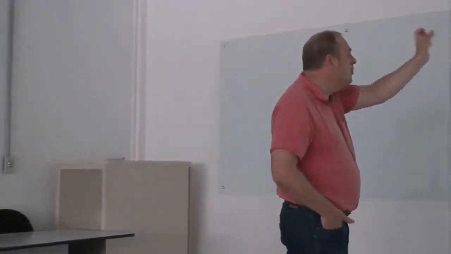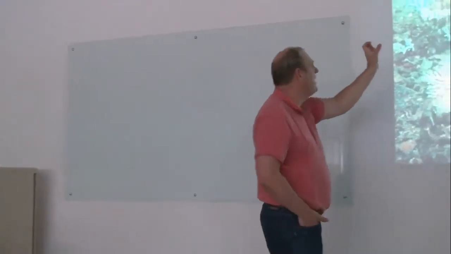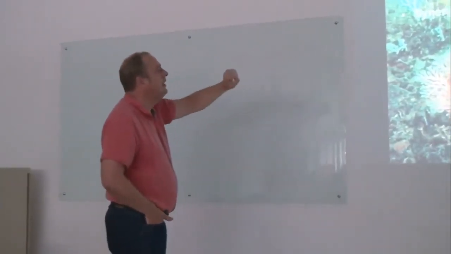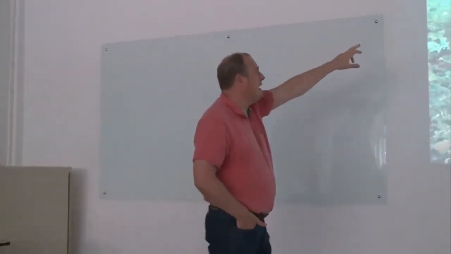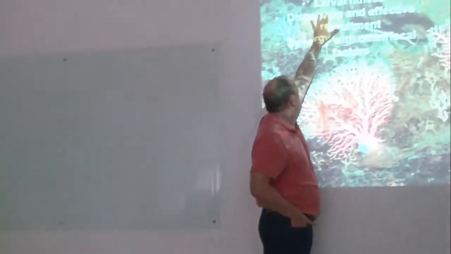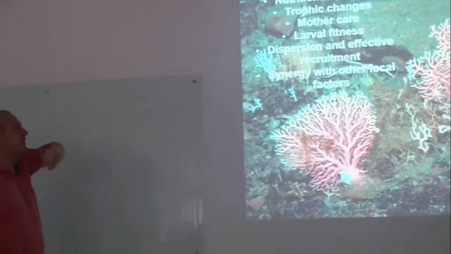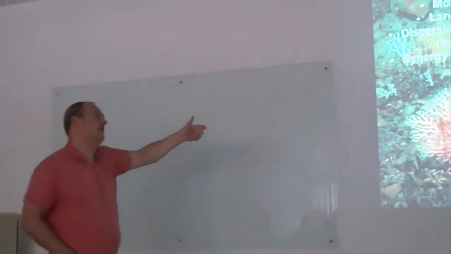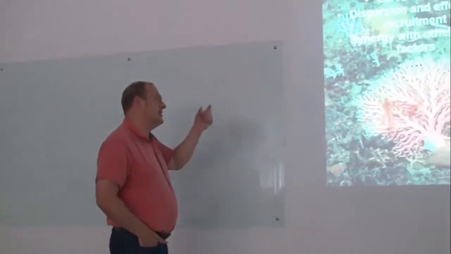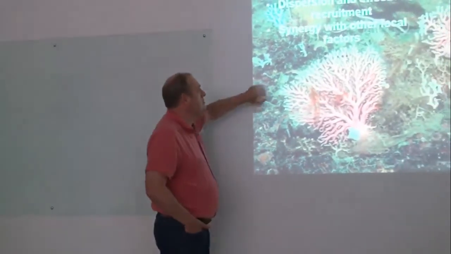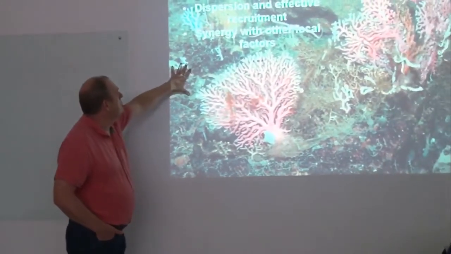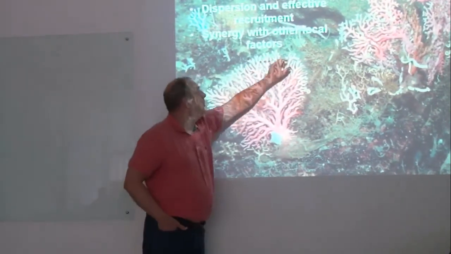We try to understand how much these organisms can move, how much time they have to move and settle down: dispersion and effective recruitment. This is related not only to the currents but also to larval fitness, how much time larvae can survive and settle in a new territory, on a new rock or new structure, and to the synergy with other local factors.